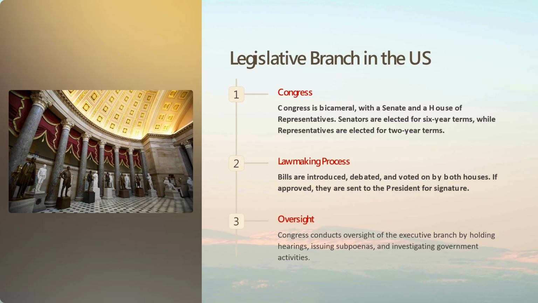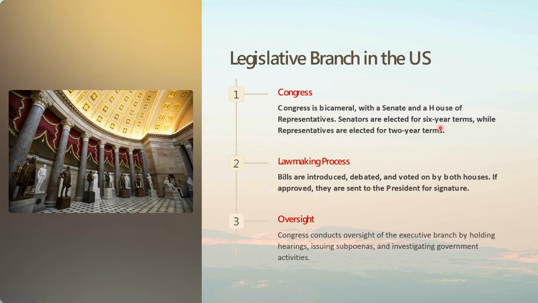Legislative branch in the United States of America. The legislative branch is composed of Congress, which is divided into two chambers, the House of Representatives and the Senate. The Congress is bicameral, with the Senate as the upper house and the House of Representatives as the lower house.